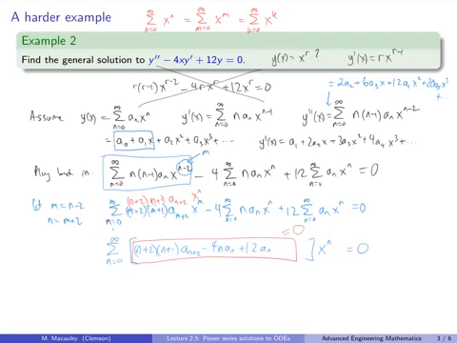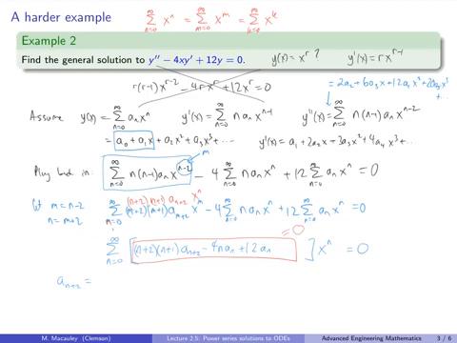So what does that mean? That means that, well, let's set this equal to 0. Then I want to solve for these coefficients. So I'm going to solve for a_{n+2}, so let's move this over to the right-hand side of 0.